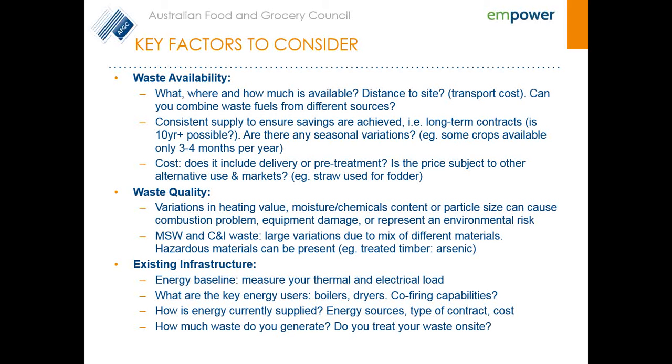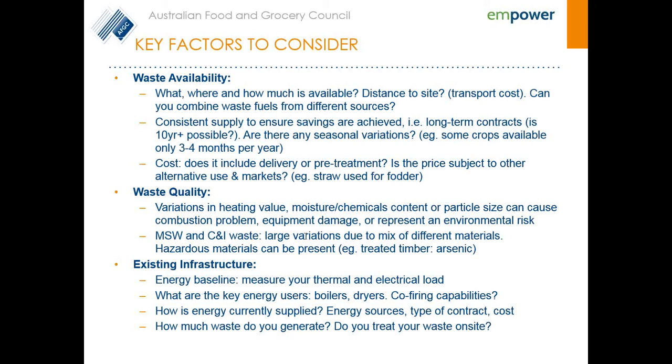There is also a need to have consistent supply. There might be some variations in terms of the volumes, particularly with crop waste, where in some cases you've got a waste material that is only available for a certain number of months during the year, and then the crop season is over and you're left with no waste.